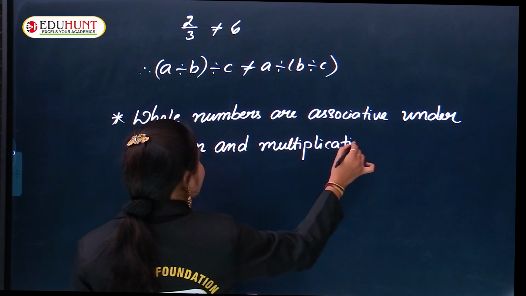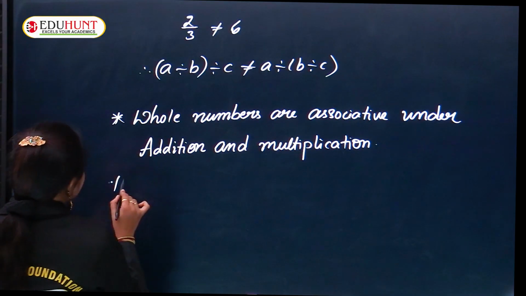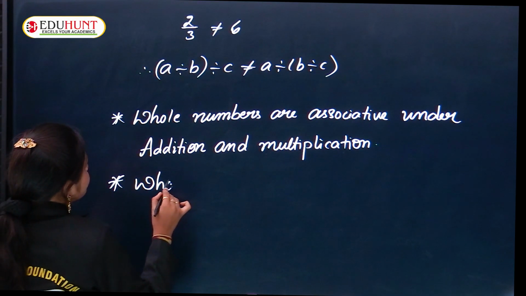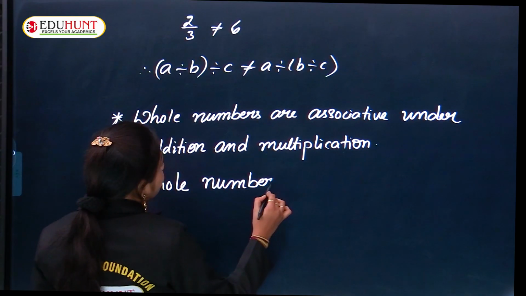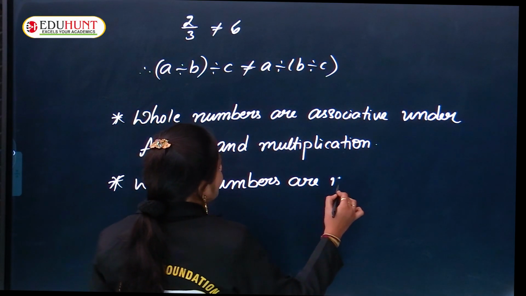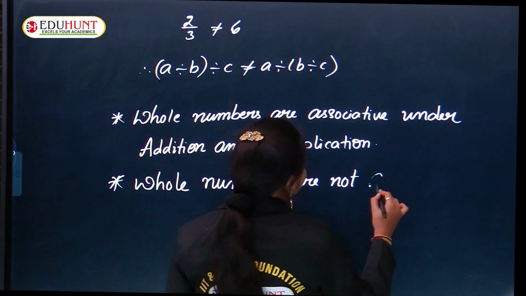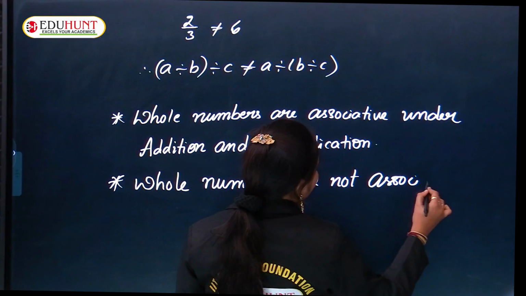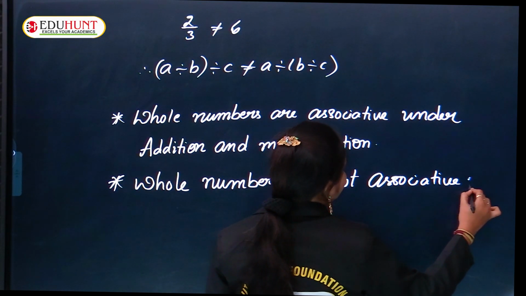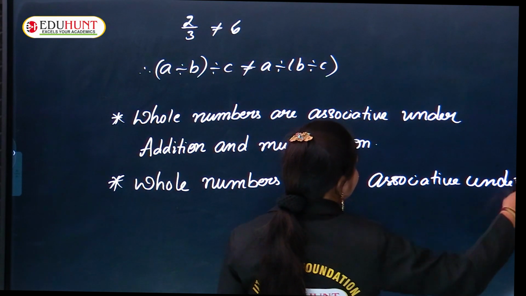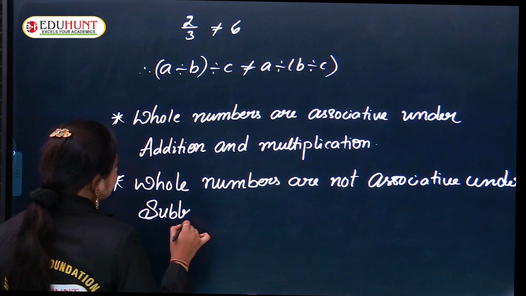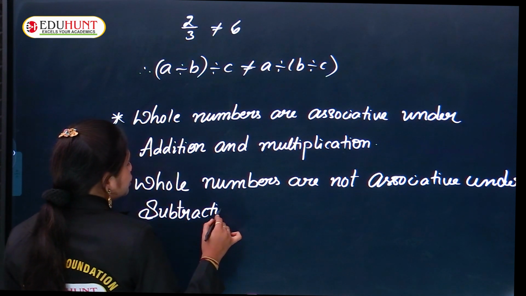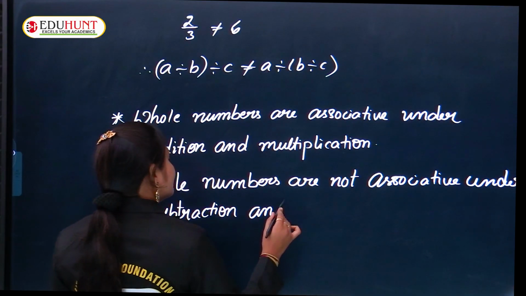Addition and multiplication. And in the same way, whole numbers are not associative. Associative means associative property. Whole numbers are not associative under subtraction and division. Subtraction and division.